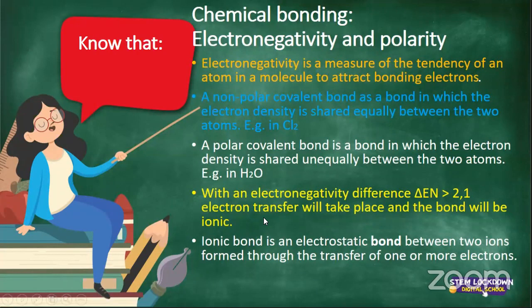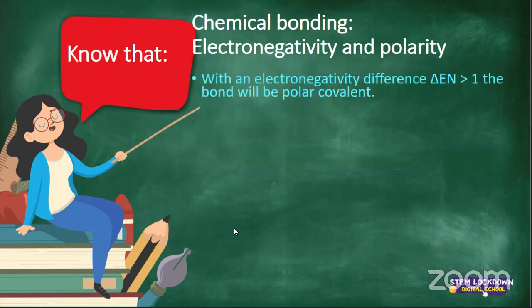With an electronegativity difference greater than 2.1, electron transfer will take place and the bond will be ionic. Ionic bonding is simply an electrostatic bond between 2 ions formed through transfer of 1 or more electrons.